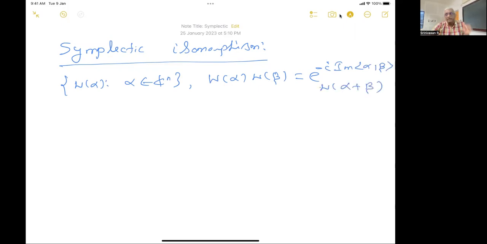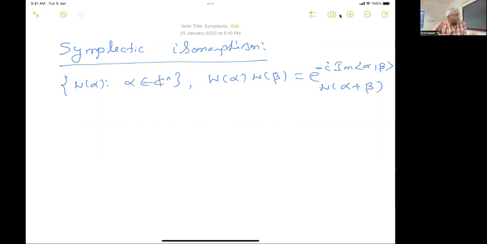We know this. Suppose we have some other family of unitaries, U alpha, which satisfy the same relation, with W alpha replaced by U alpha. If that is also irreducible, then they are intertwined by a unitary operator.